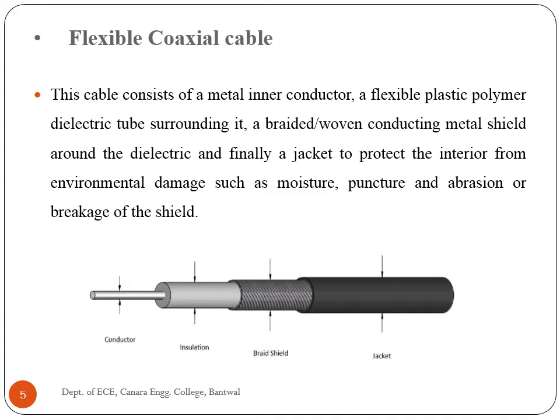Firstly, flexible coaxial cable. Flexible coaxial cable consists of a metal inner conductor, a flexible plastic polymer dielectric tube surrounding it, a braided conducting metal shield around the dielectric, and finally a jacket to protect the interior from environmental damage such as moisture, puncture, etc. For extreme flexibility, a standard copper central conductor is used with a surrounding dielectric tubing of polythene foam that is then surrounded by an aluminum tape outer conductor combined with a tinned copper braided shield.